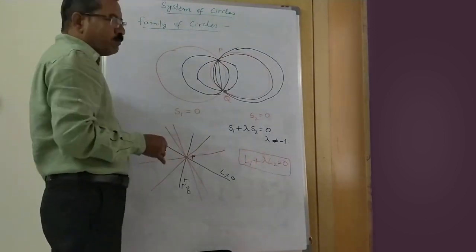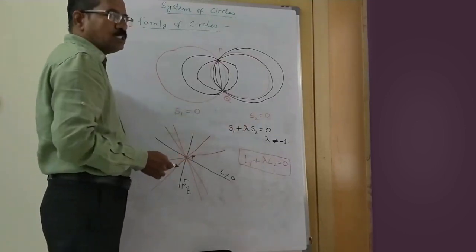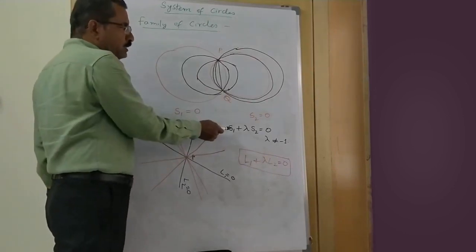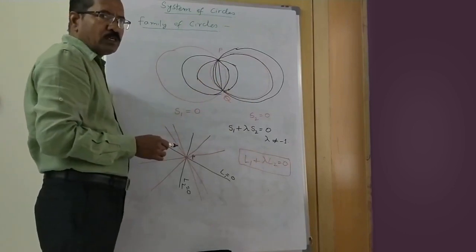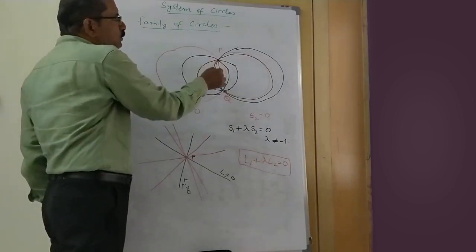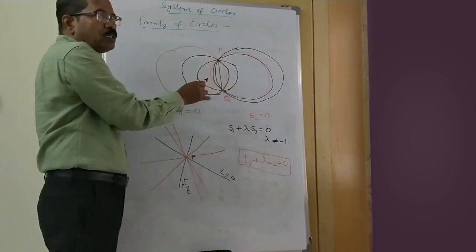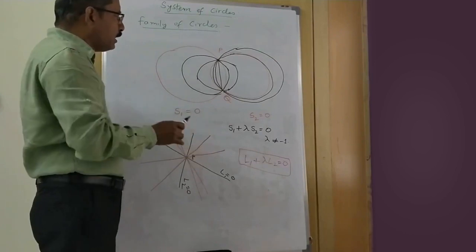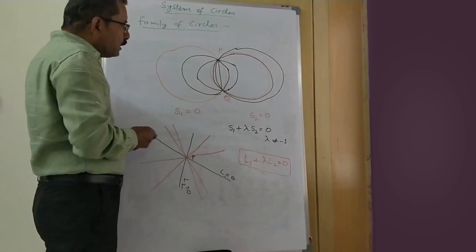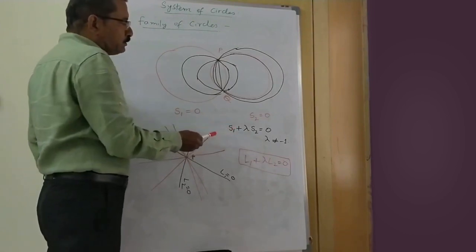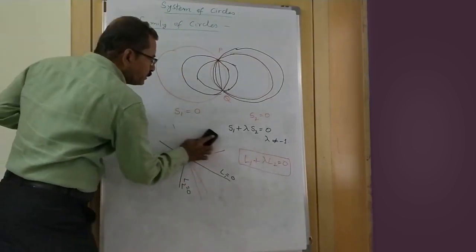If lambda is equal to minus 1, what happens? Then S1 - S2 = 0, which denotes the equation of the common chord. This line PQ is a chord to circle 1 and circle 2. That concept we will learn in the next session. For now, S1 + lambda S2 = 0 gives you the family of circles.